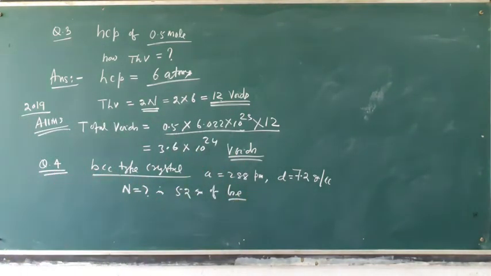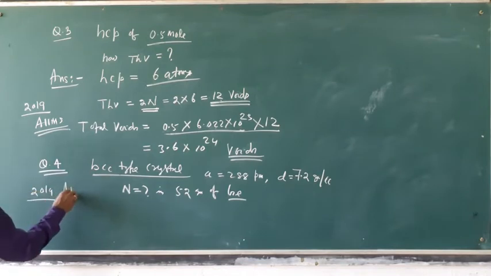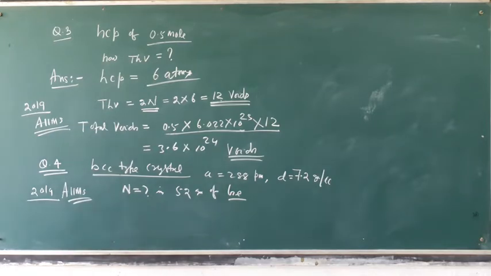This is also an AIIMS question, 2019 also. Very easy, but the calculation is somewhat tedious, so you have to do it fast. What will be the steps?